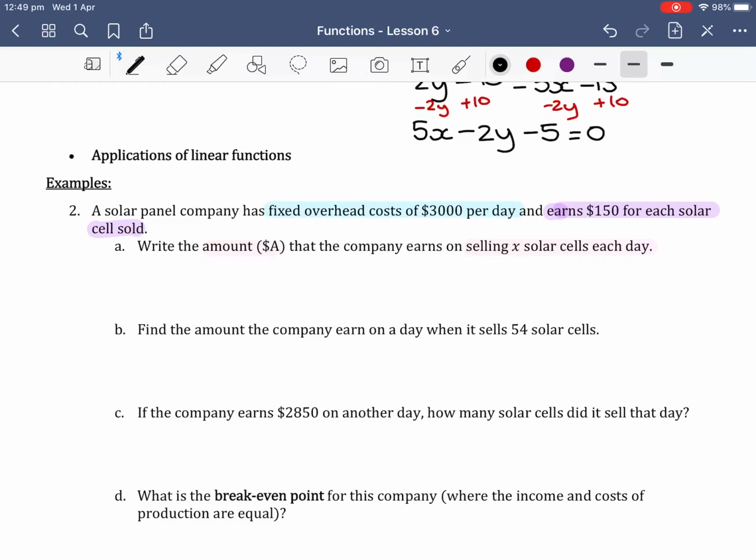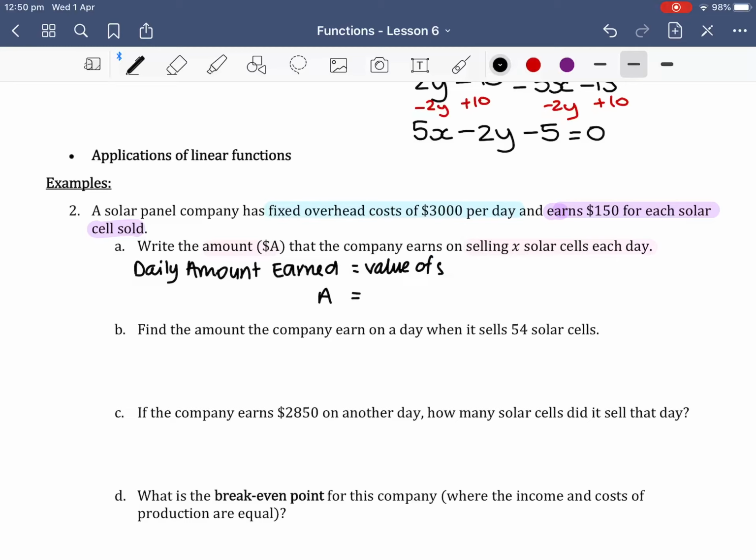So that means that it earns $150 for X cells, right? So we want to find the daily amount earned, which we are going to call A, because we're trying to find A dollars. And then we're going to work out the value of the solar cells sold.